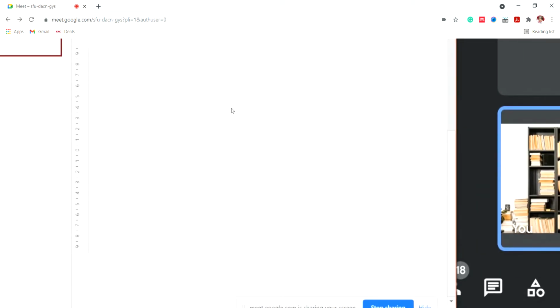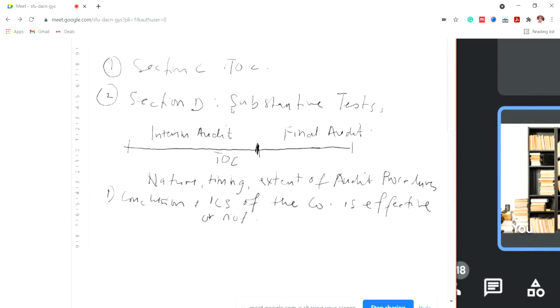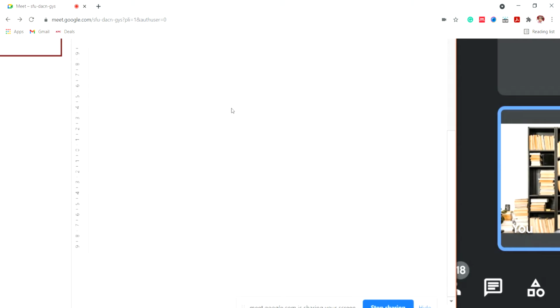If it is effective or not effective, you only perform the TOC when you rely on the internal control system.